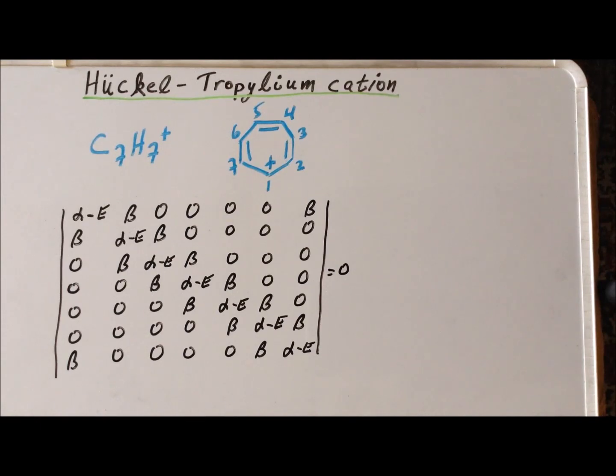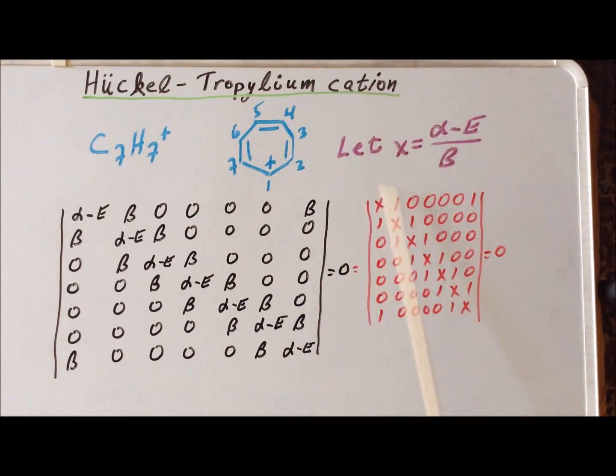By the Hückel method, we have to construct this secular determinant where we have alpha minus the energy along the diagonal, and then between any 2 carbon atoms that are directly connected, we have this integral beta. As a shortcut, we are going to divide through by beta and then make the substitution that x is equal to alpha minus the energy divided by beta.